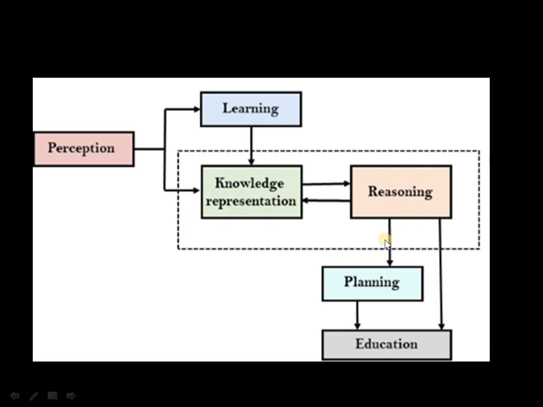According to that reasoning, we are planning what to do next and we are executing that plan. The term education is used besides execution, but you can use execution there. So this is a complete diagram, showing the knowledge representation cycle.